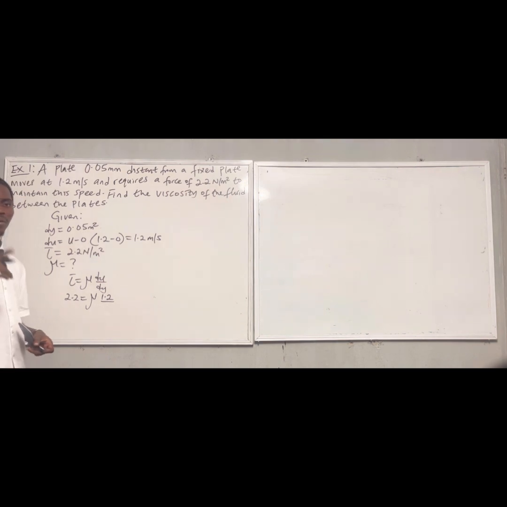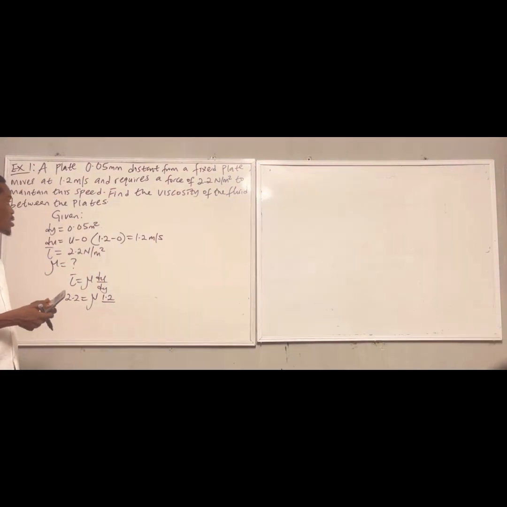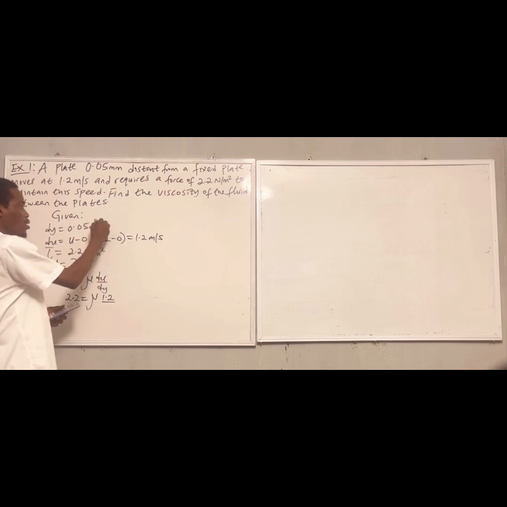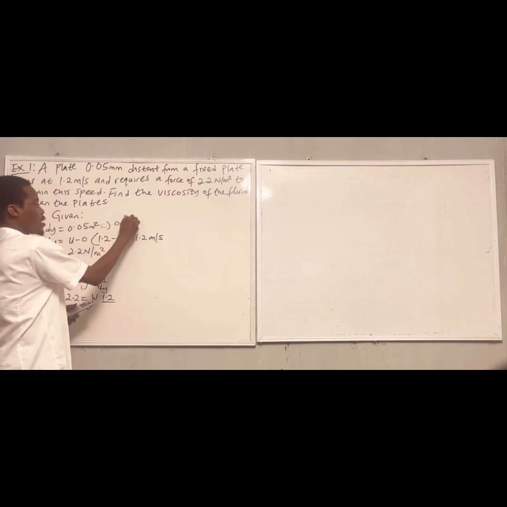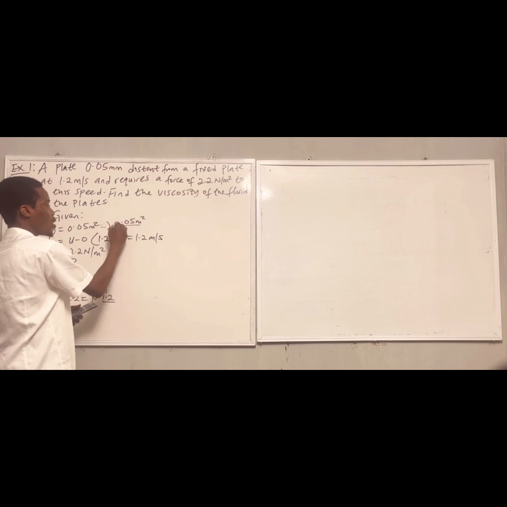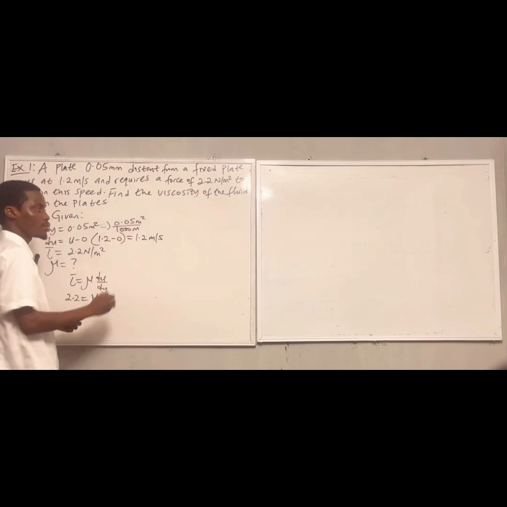Remember that our unit for distance is meter, so we have to convert the 0.05 to meter. To convert, we divide by 1000. We have 0.05 all over 1000 meter.